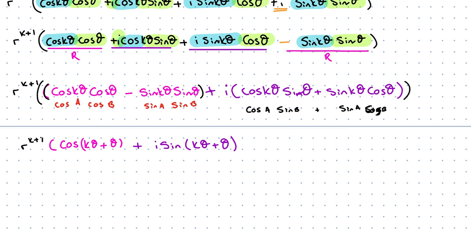Now if I tidy that up further, I can factorize out the theta, and I'm going to have cos of theta by k plus 1, plus i sine of theta by k plus 1. And all of that is multiplied by r to the k plus 1.